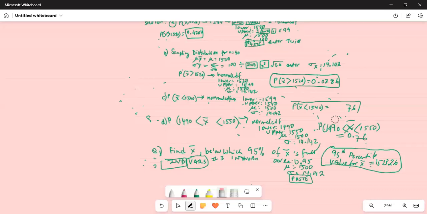Paste, enter and enter. Normal CDF, minus 1E99, 1540, 1500.